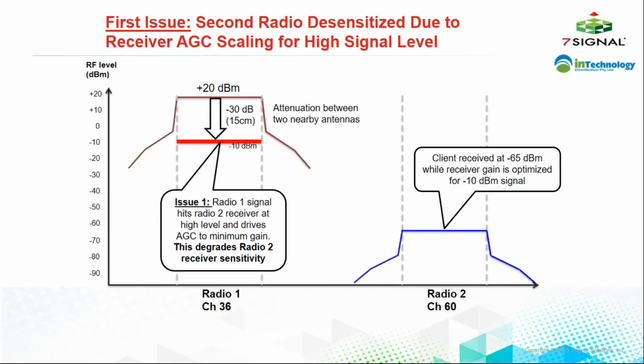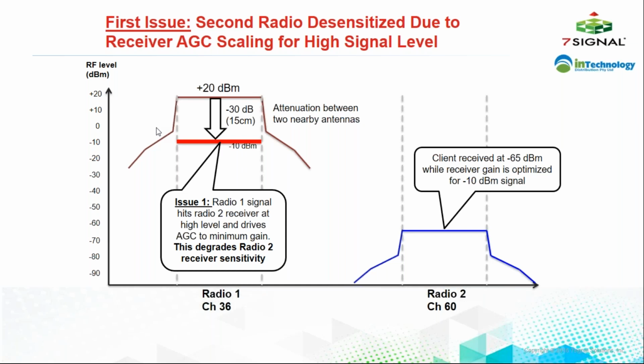And here's an illustration of what I'm talking about. These are the two radios right next to each other inside the access point. When one is serving clients, like radio 1 here, there's a problem where it actually blasts the radio next to it, and in doing so, it raises the noise floor, and this causes problems with automatic gain control.